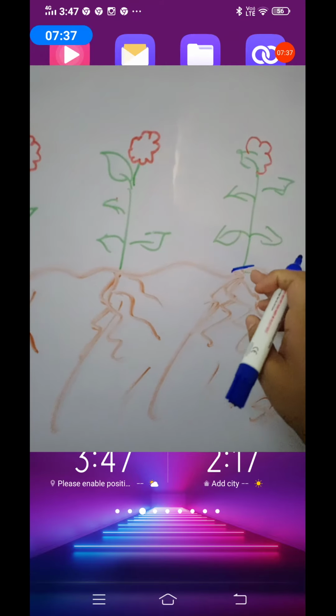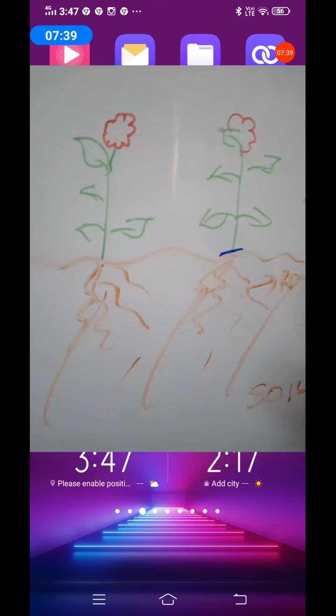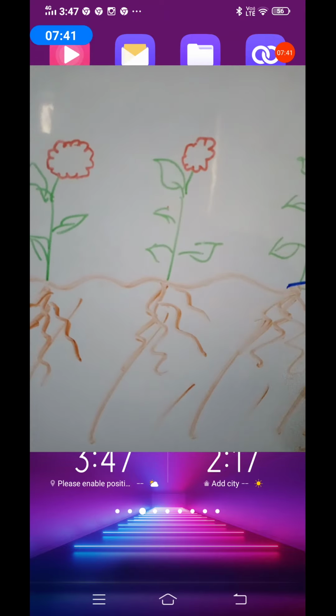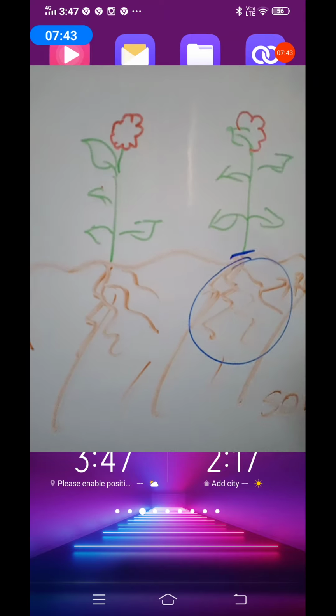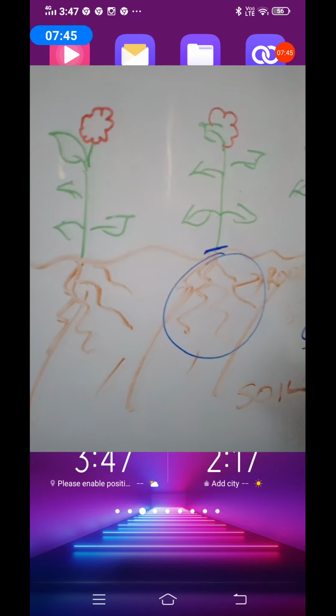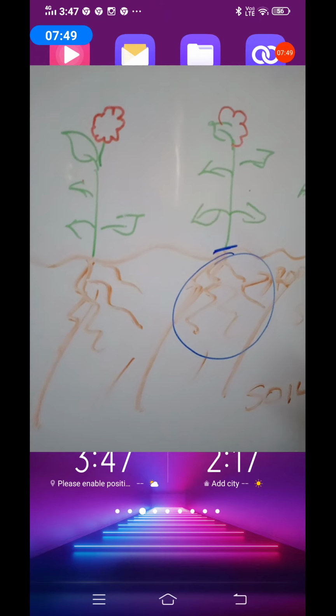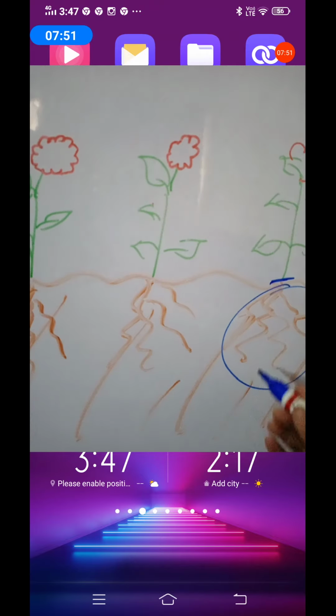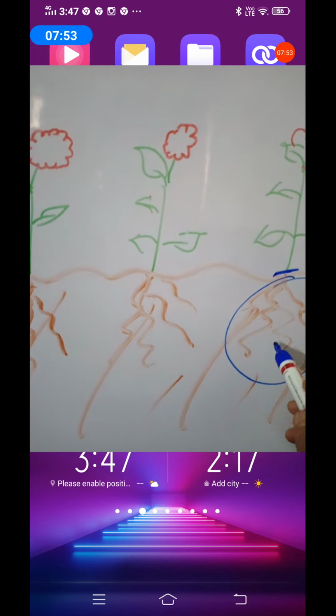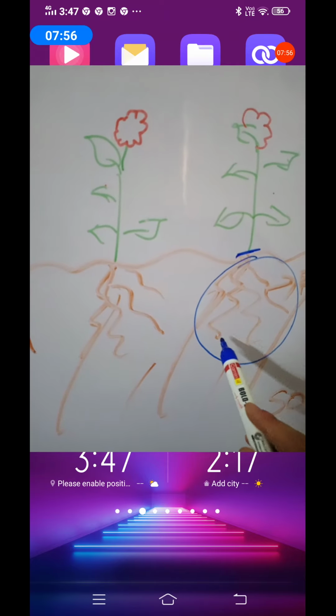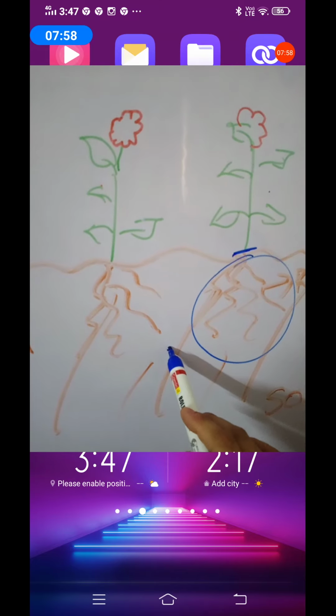So if I cut it from here, it will die. So obviously this portion is doing something to help it live, right? So what is it? The first thing is, these roots are fixing the plant with the soil, right?